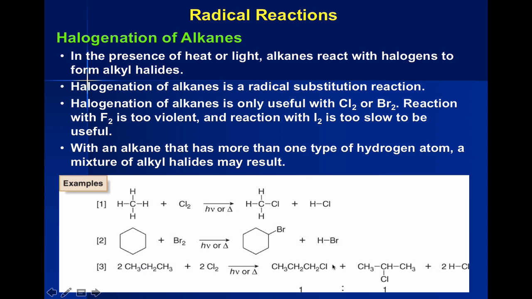And so that tells us something about the reactivity of these different hydrogens. So secondary are clearly more reactive because we're getting more than expected secondary alkyl halide product from that particular reaction.